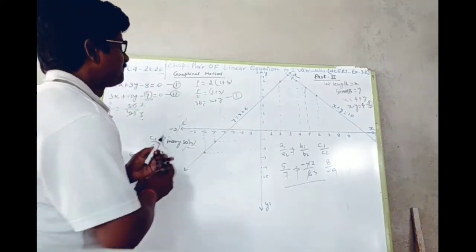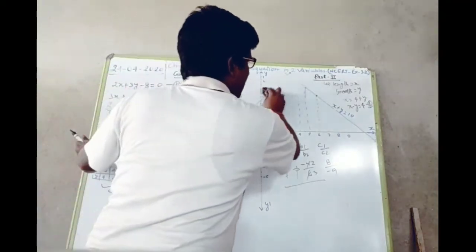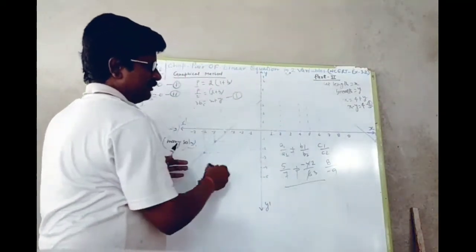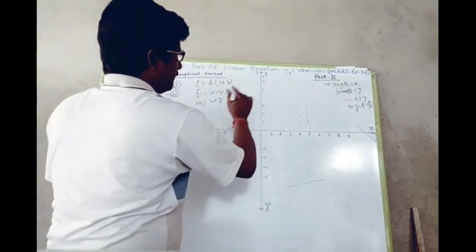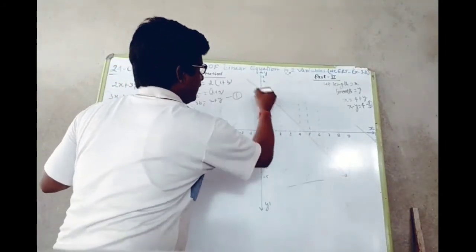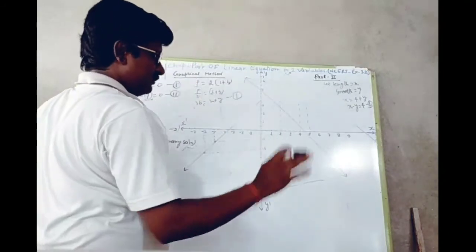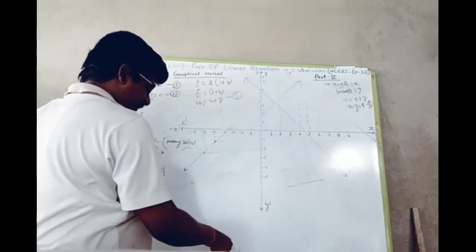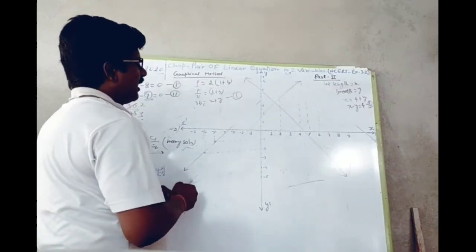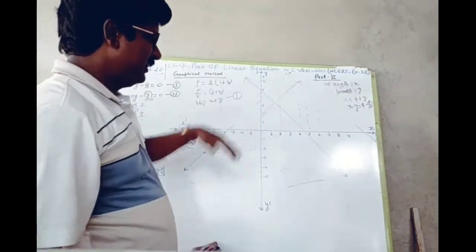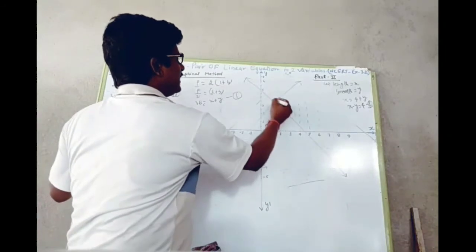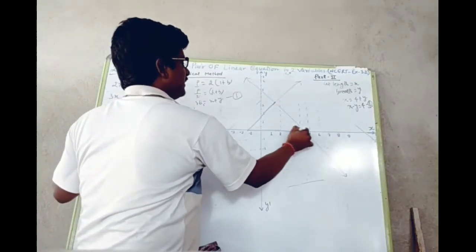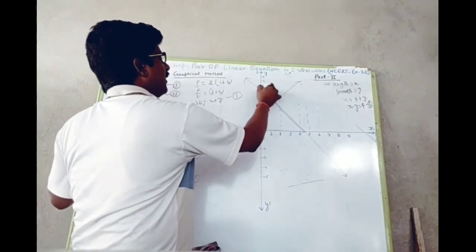So suppose I have drawn this graph, and suppose this line represents the first equation, and this line represents the second equation. Then after joining these two lines, what do we see on the x-axis and y-axis?